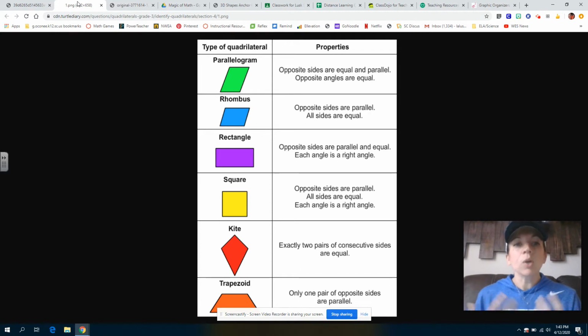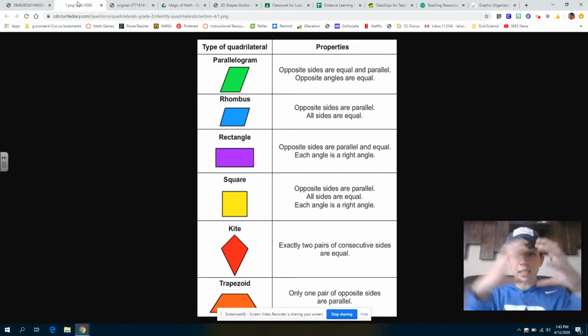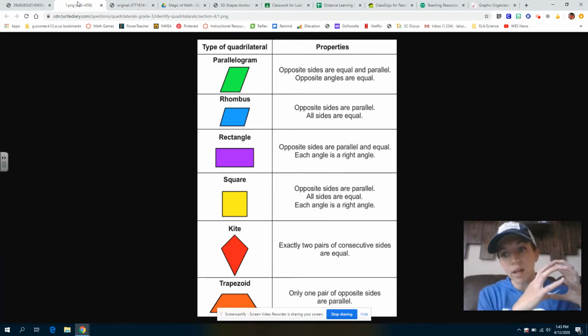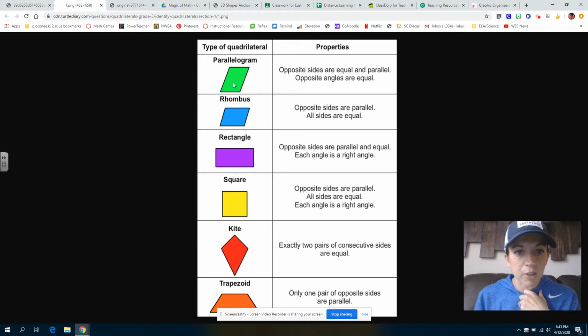Whenever you hear the word quad, it's going to be four. So you have a number of shapes that are considered quadrilaterals. They have their own personal name, but they're also linked into this community of quadrilaterals too. So these are all four-sided shapes. The first one is the parallelogram. This is that green one right there, okay?